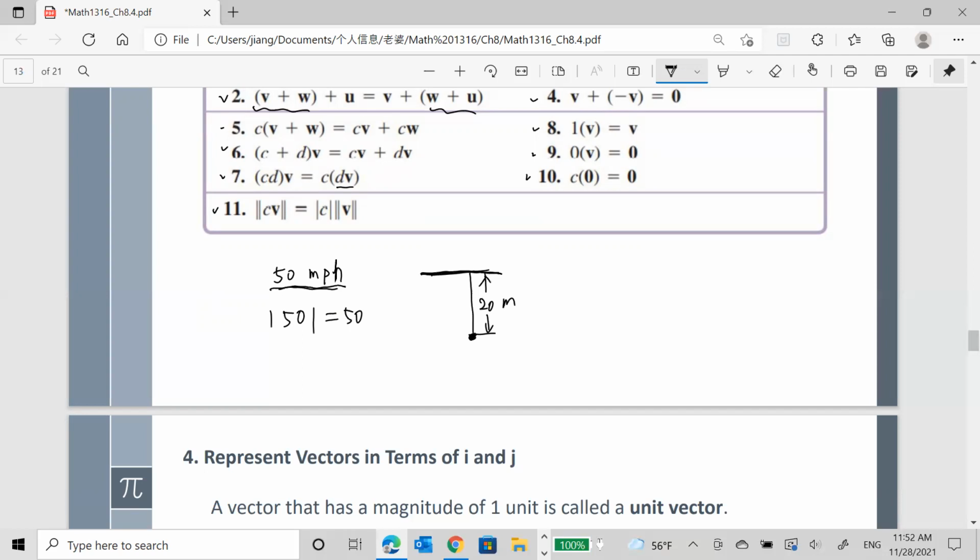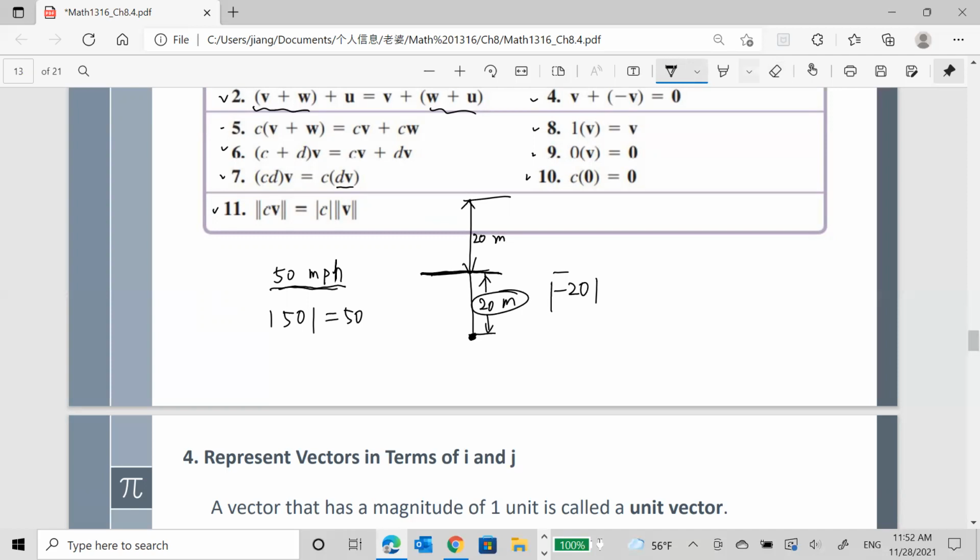That means the 20 is not positive, because above the ground, this one is 20 meters. That's positive. So under the ground, that's negative 20.